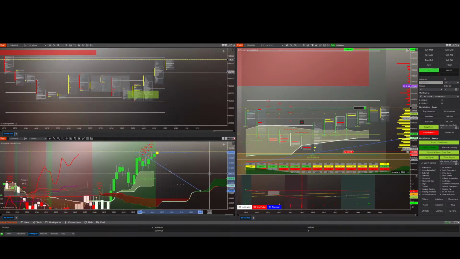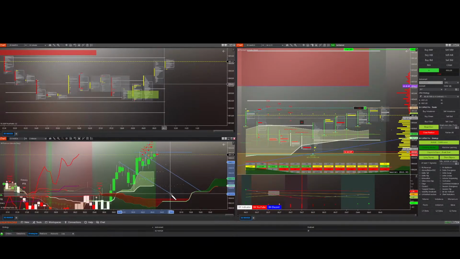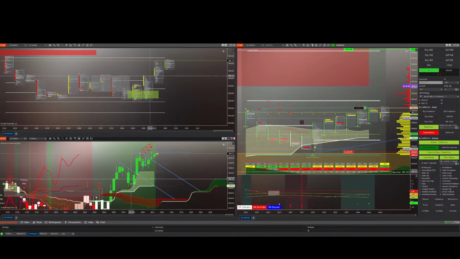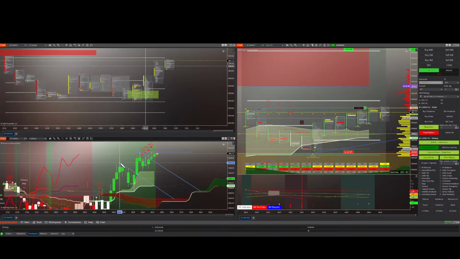You have a pivot high or pivot low above or below your cloud. You draw those lines. That's why I drew it here. And we broke. This is where we got to break here. That's what I was looking at here.